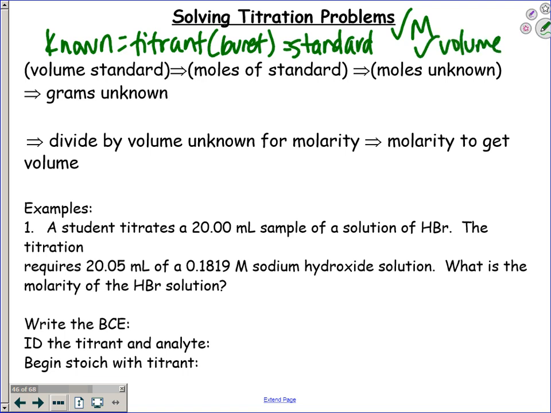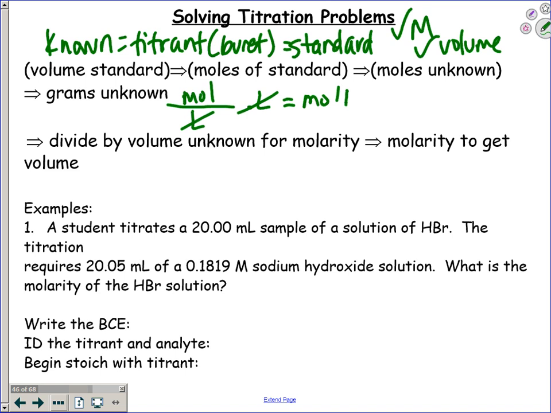So if I know the molarity and the volume, as you may remember, what is molarity? Okay, I'm just going to put moles per liter for short. If I multiply moles per liter by liters, what do I get? Moles, because liters cancel, right?